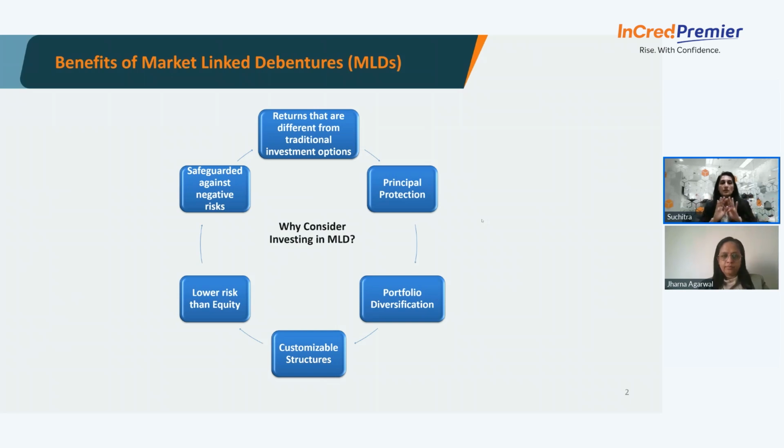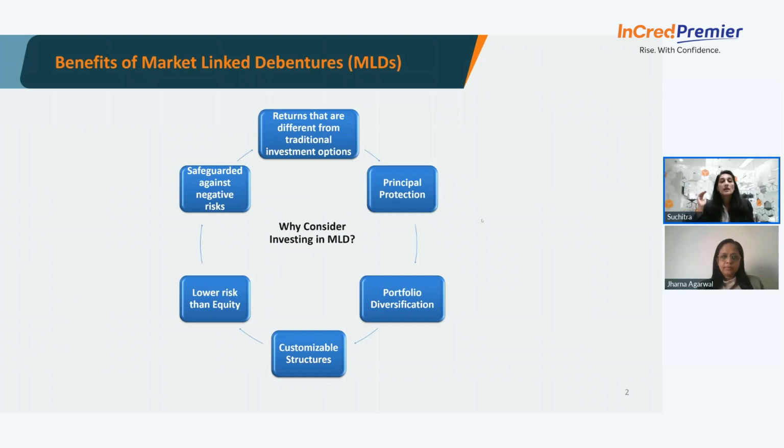We measure the risk of a portfolio by measuring its variance, and the overall variance of the portfolio can be reduced by adding such structures. Therefore, on a risk-adjusted returns basis, you have a much better risk-return profile for your overall portfolio by including MLDs.